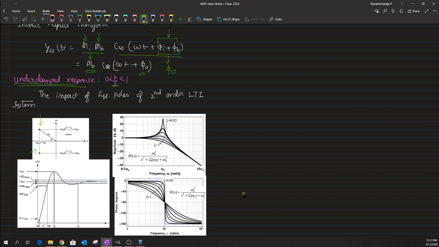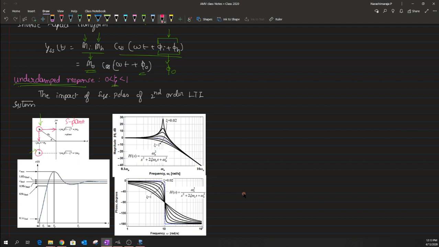So you can see that there are two poles which are complex conjugates in this case, and they have both the real part as well as the imaginary part. If this particular picture is pretty small for you, you can zoom in and see, or just follow whatever I am saying. So we have some sort of complex conjugate poles in an s plane.